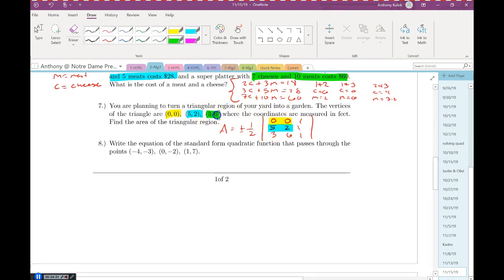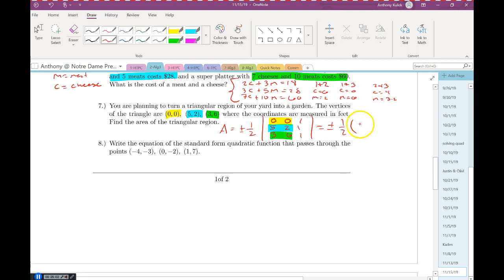If I had started with (3, 6), (5, 2), (0, 0), it doesn't matter. You're still going to get basically the same answer. The only thing that'll differ is the sign on the determinant. But if you use the plus or minus appropriately, you end up with the same answer anyway, so it doesn't really matter.